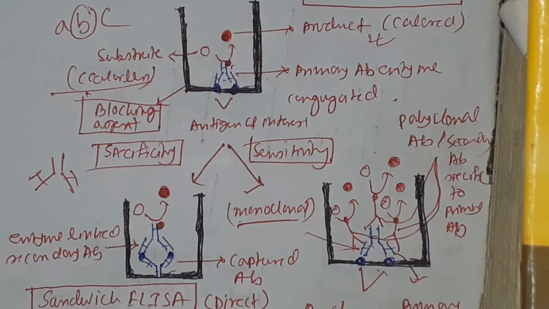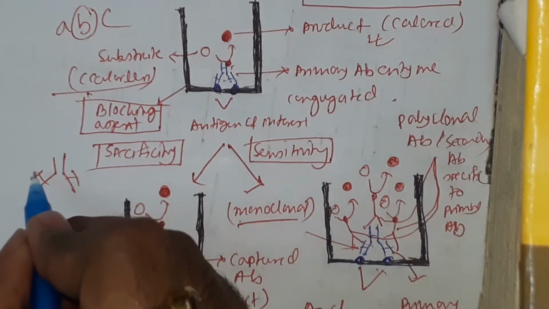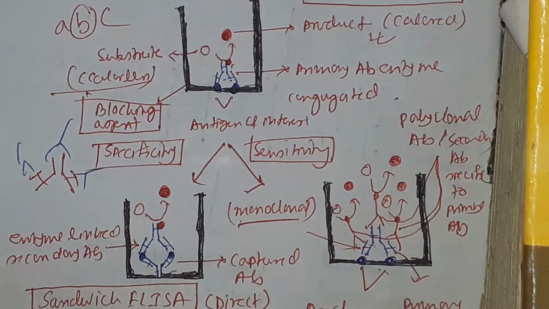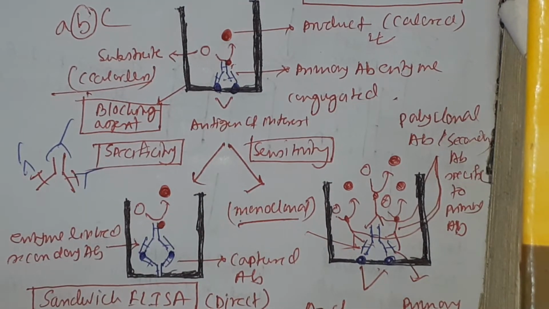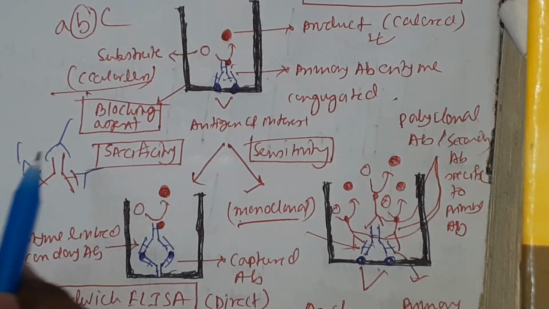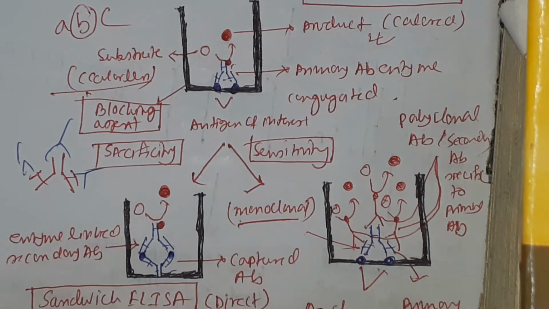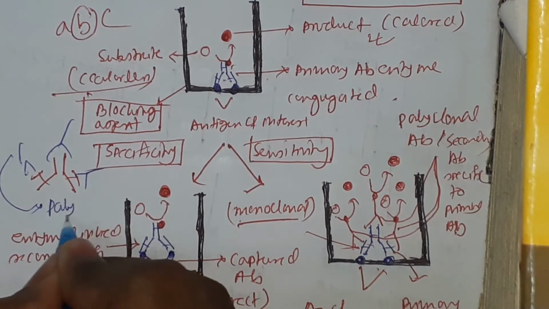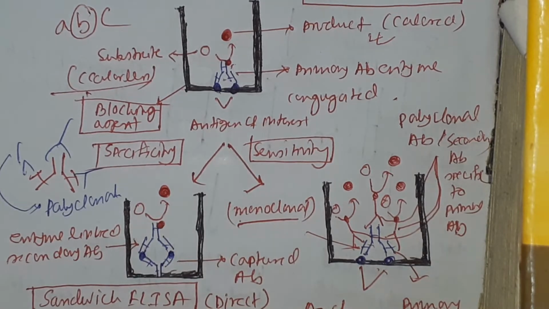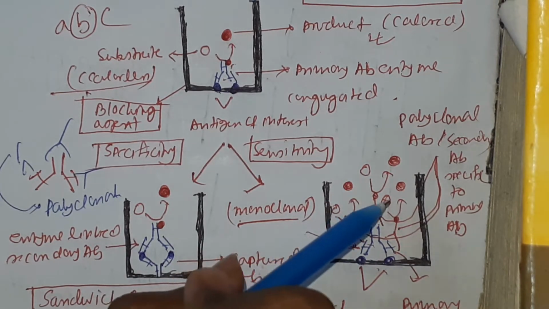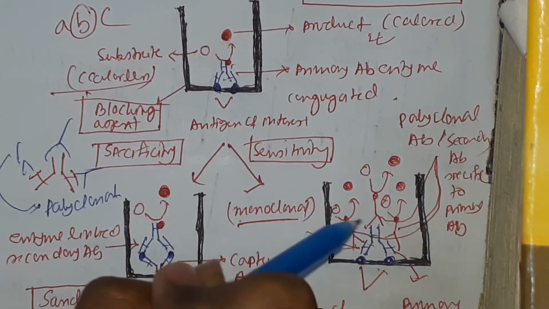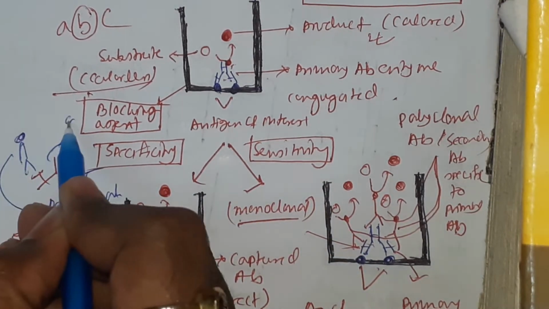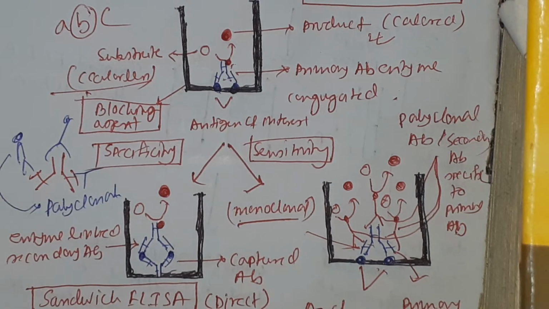So when we add this primary antibody to another animal, it will produce antibodies towards different determinants of that particular antibody. So we can say these antibodies are polyclonal. Then we will add this polyclonal antibody here and it will get attached to different portions, and these antibodies will be enzyme linked, remember, and we can call it the secondary antibody.